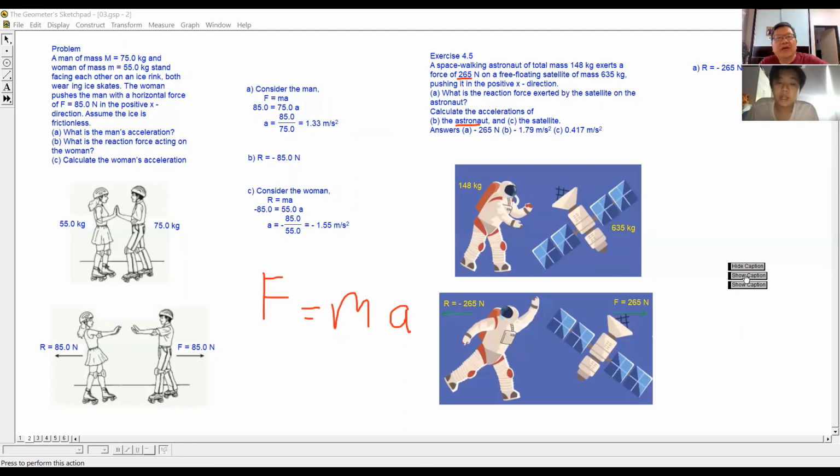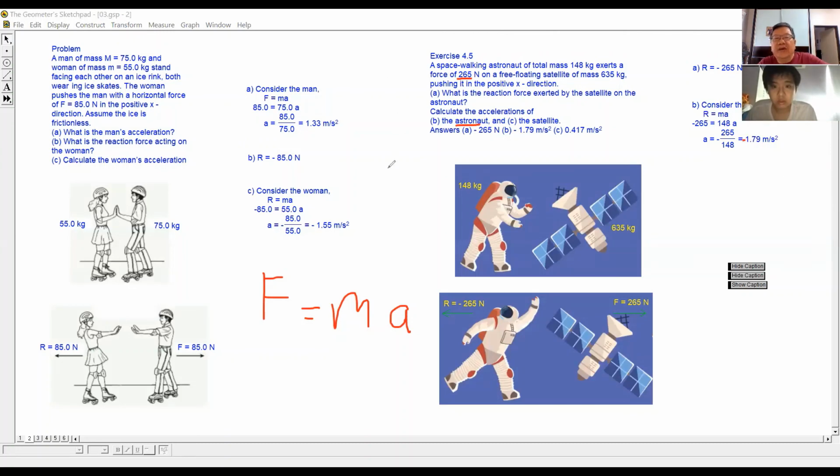Ah, correct. How much is that? Negative 1.79. Correct. There's a negative sign here.